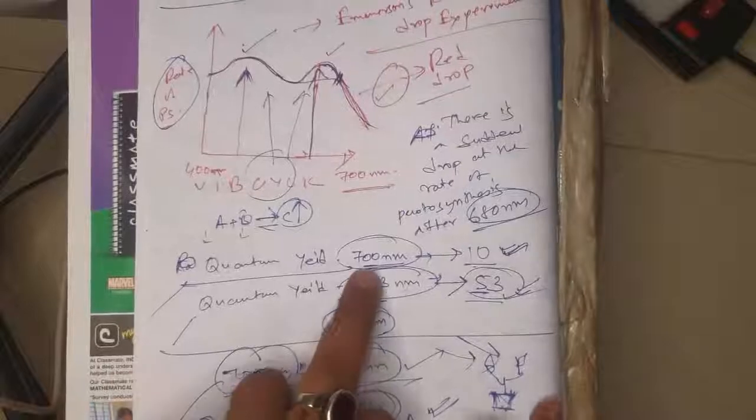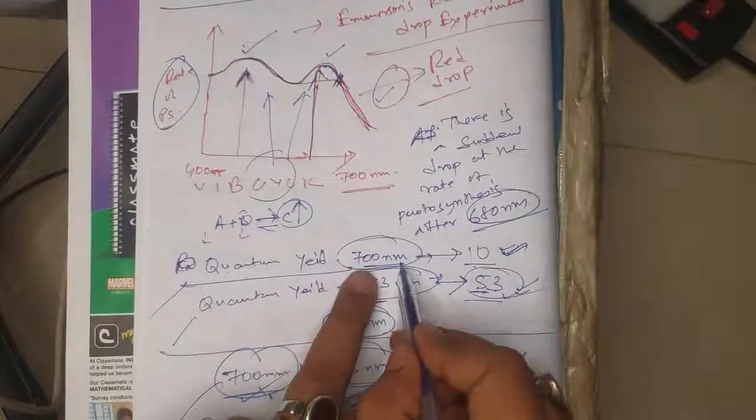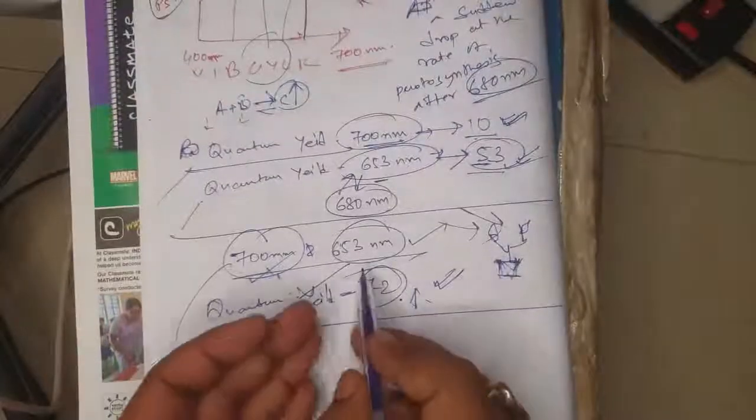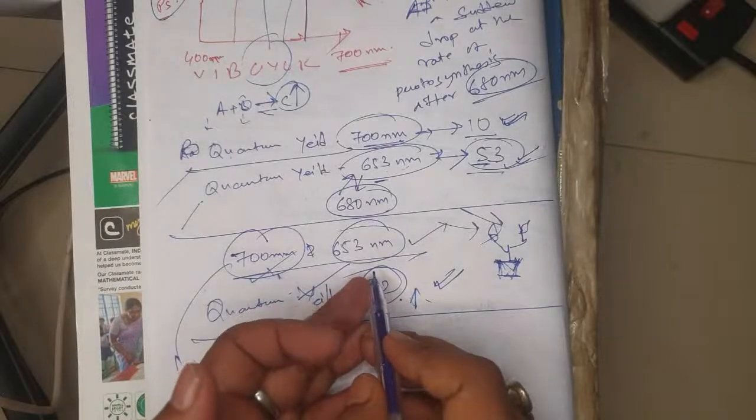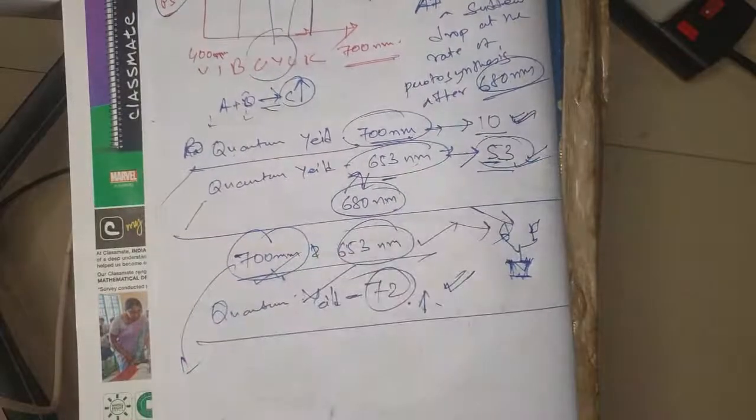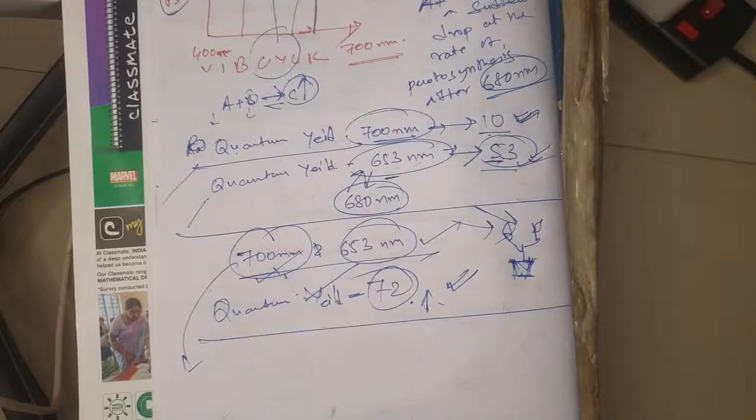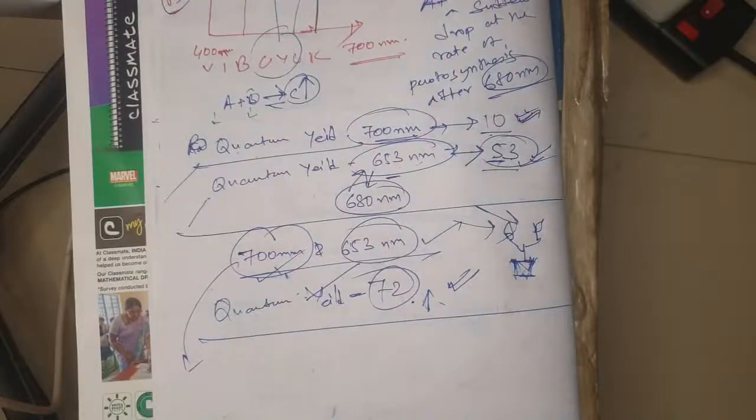তার মানে if you are exposing it to 700 nanometer, the other one which is supposed to work at 653 nanometer or 680 nanometer is not working, has stopped working. That's why your quantum yield is less.